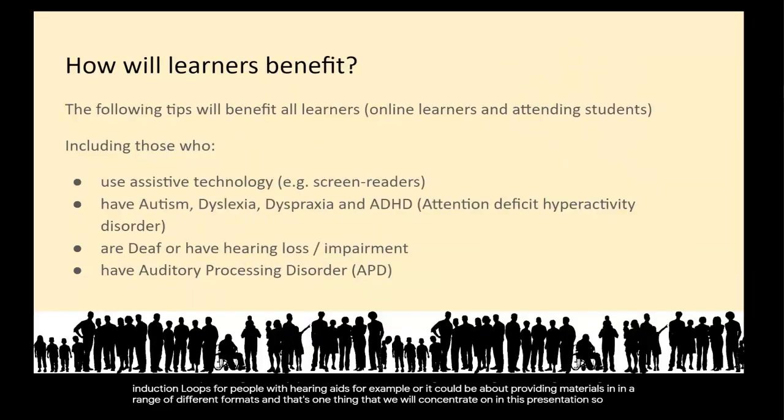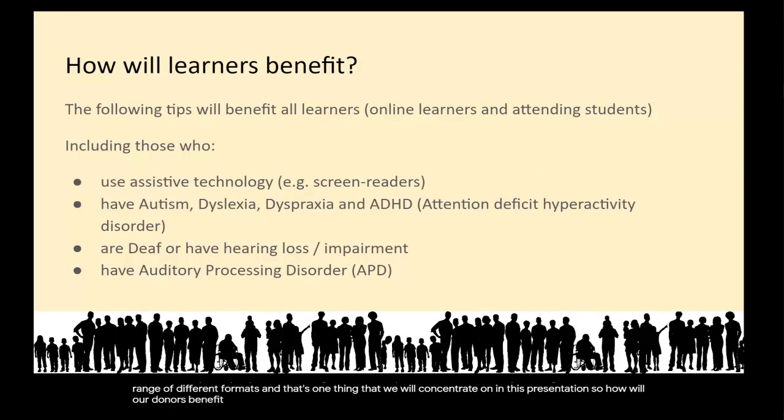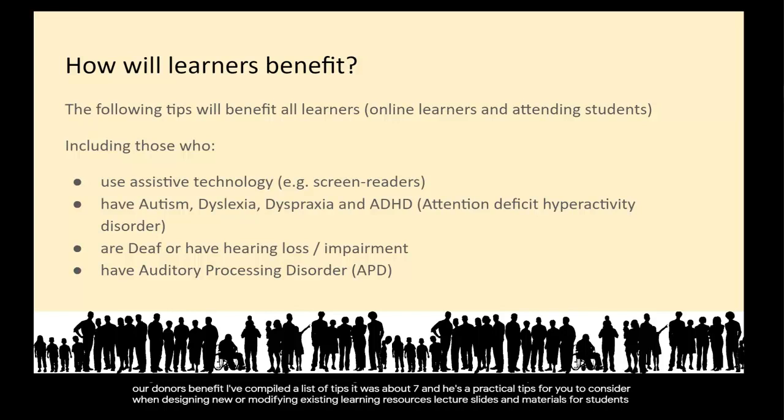So how will our learners benefit? I've compiled a list of tips, I think there's about 7, and these are practical tips for you to consider specifically when designing new or modifying existing learning resources, lecture slides and materials for students. And I believe that if we can adopt as many of these as possible, it will help to enhance our courses' inclusivity and accessibility.